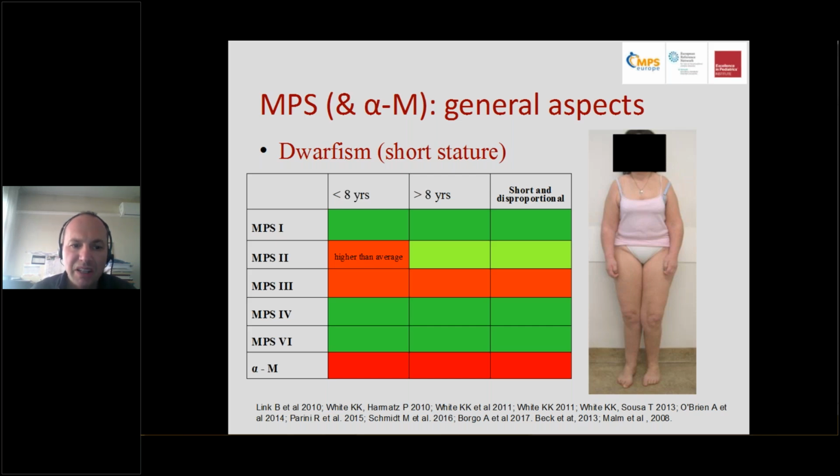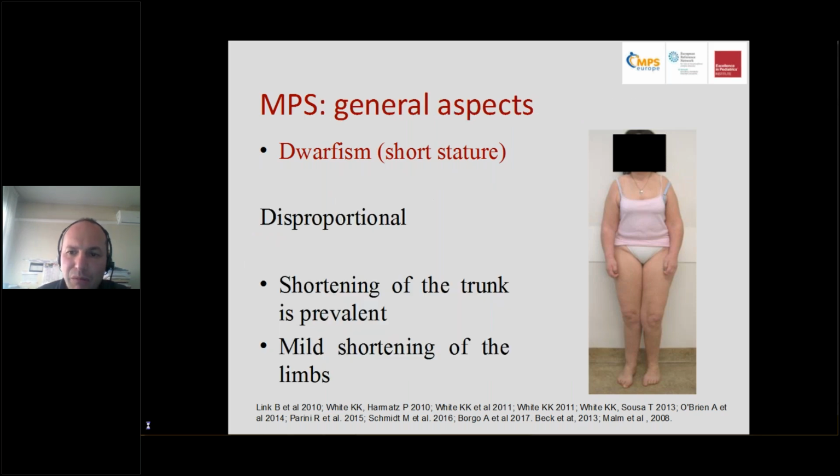MPS 2 is an exception, because before age 8 we can also observe a stature higher than average, leading anyway after 8 years of age to a short stature. The stature is short and disproportional, like I wanted to show you in this slide, where the shortening of the trunk is prevalent, while we have only a mild shortening of the limbs.